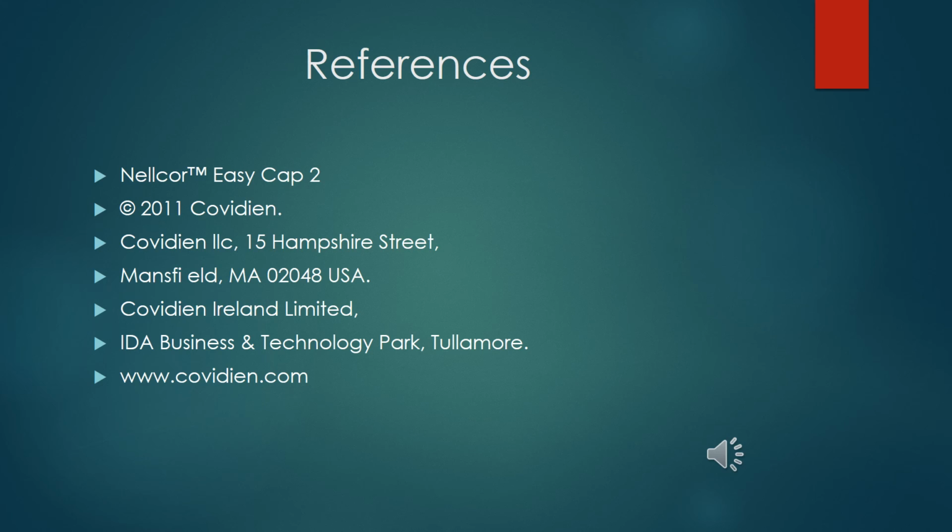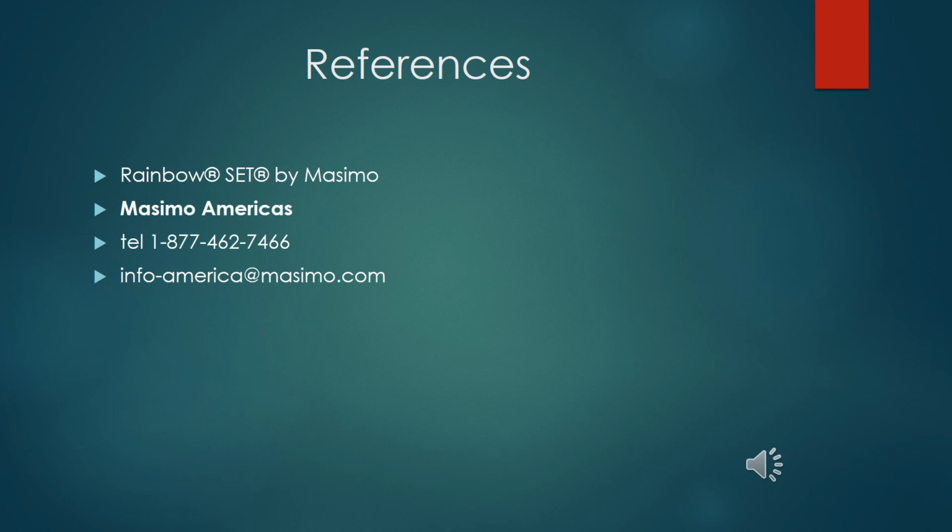It's a pretty standard product used for intubation. The Rainbow Set technology is made by Masimo. That's the pulse oximetry that's able to also detect methemoglobin and carboxyhemoglobin. It's a great product. We use the RAD 57 in the emergency room as a screening tool, but it's incorporated into the LifePak 15 for EMS use.